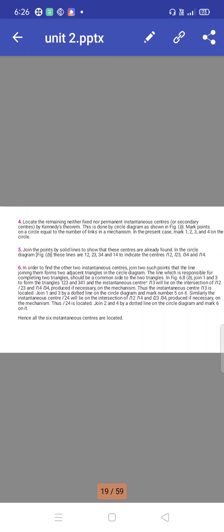Similarly, the instantaneous center L24 will lie on the intersection of L12, L14 and L23, L34, produced if necessary, on the mechanism. Thus L24 is located; join 2 and 4 by a dotted line on the circle diagram and mark 6 on it. Hence all the 6 instantaneous centers are located.